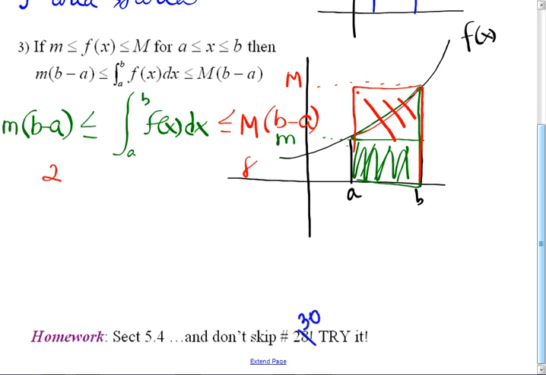They test this one on the multiple choice. It's very subtle. So if it makes sense to you, that's how you're going to remember this. If they give you an answer saying the integral must be 10, I know it's trapped between 2 and 8, so I'm going to throw that answer out. There are some of those weird ones. You might even have to use the mean value theorem or something to do that.